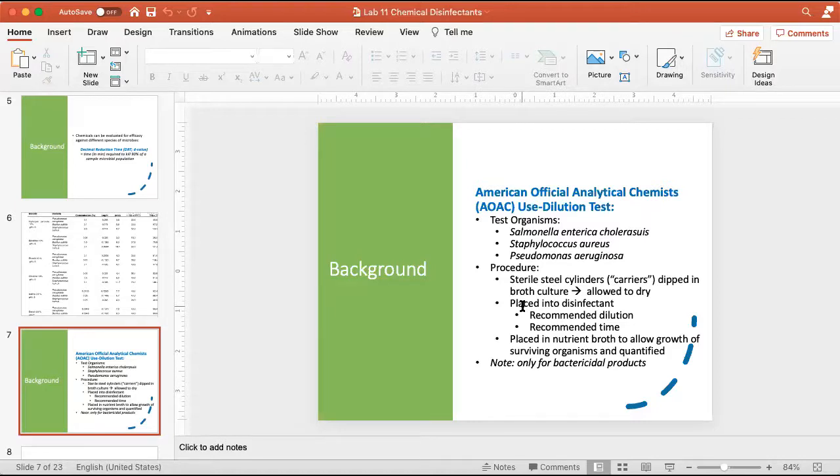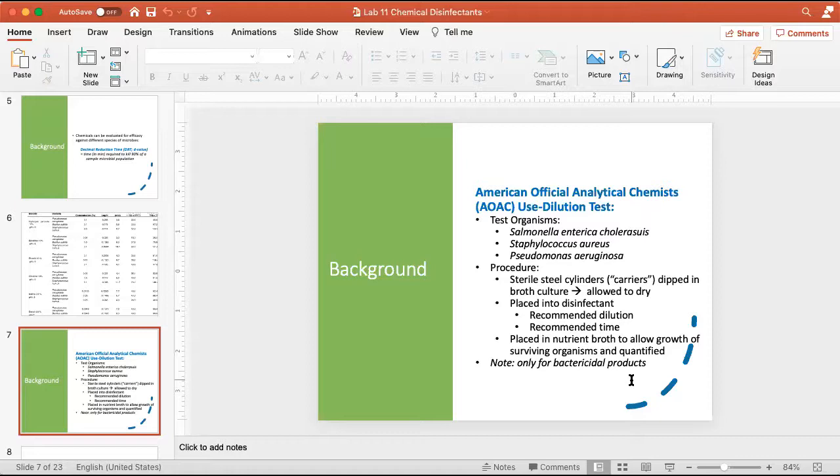Now, doing a little bit of math, you can actually quantify what percentage of cells were killed by the disinfectant. Now, this test would only work for bactericidal products because, again, you would only be able to count if cells were actually being killed.